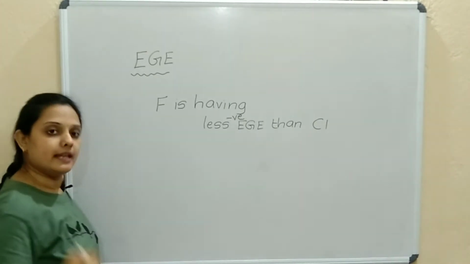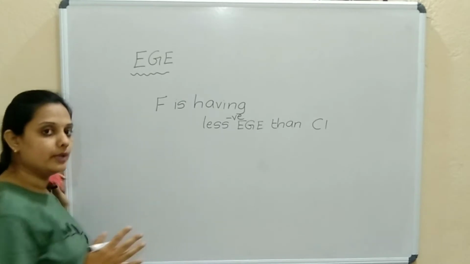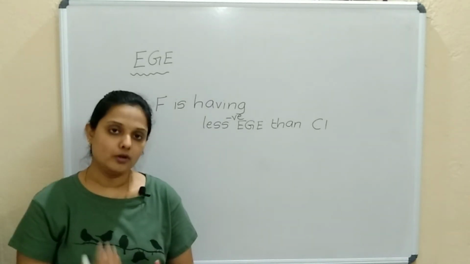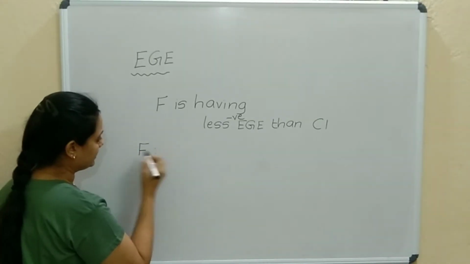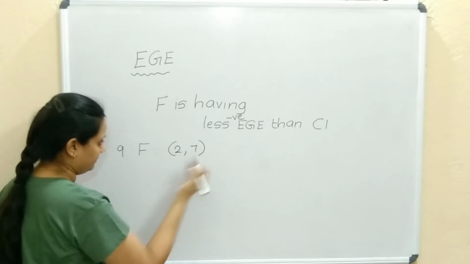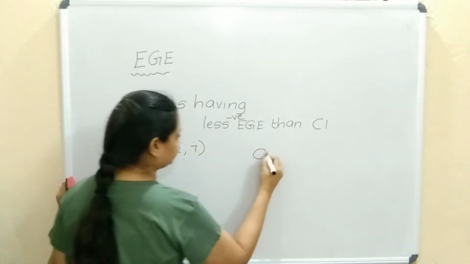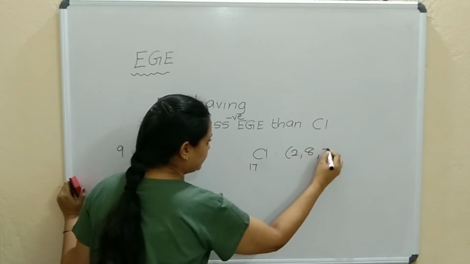First, why is it negative? Halogens are gaining an electron to complete the octet. Fluorine has atomic number 9, so the electronic configuration is 2, 7. Chlorine has atomic number 17, so 2, 8, 7.